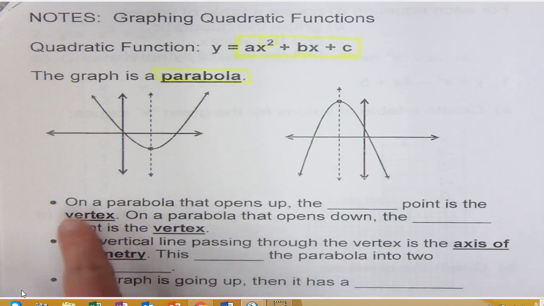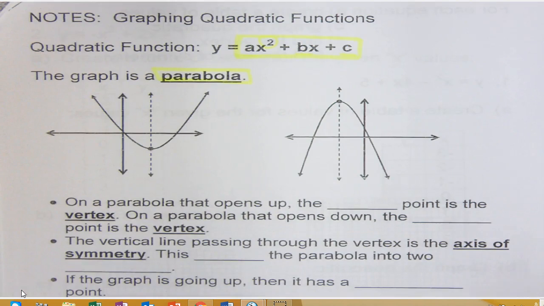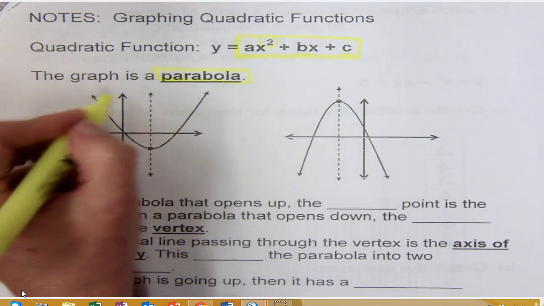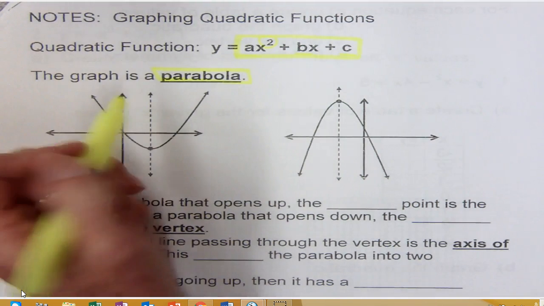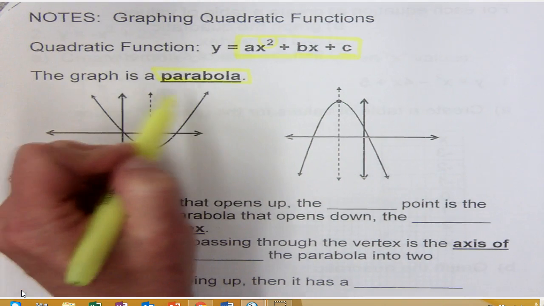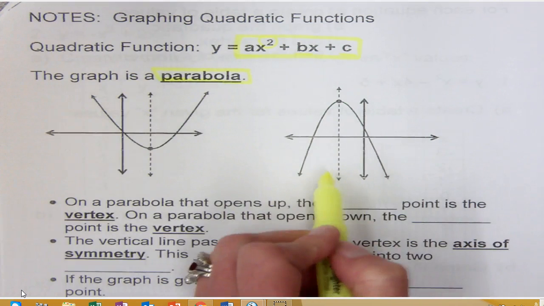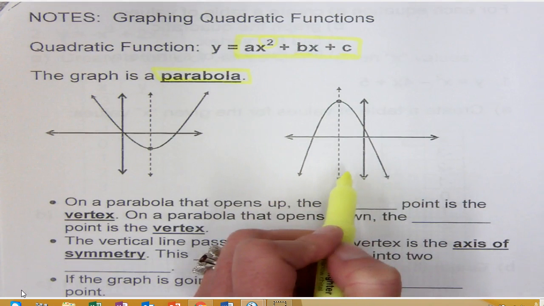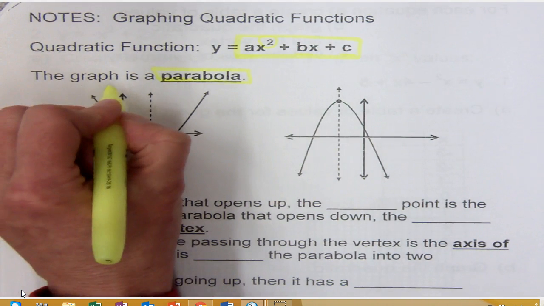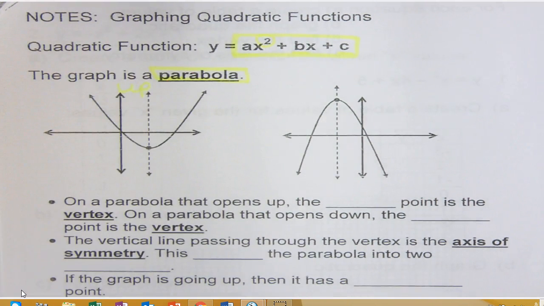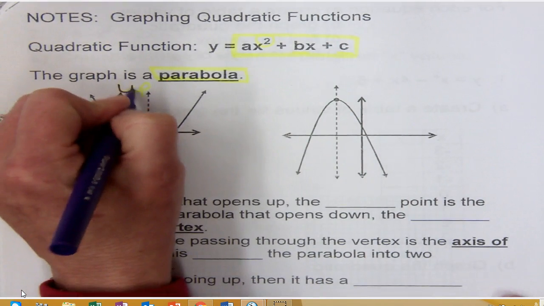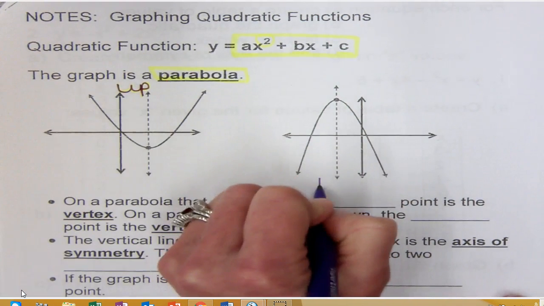So on a parabola that opens up, the U part is facing the sky. Here, the U part is facing the ground. So this is up. Can you see that? This is up. This is down.